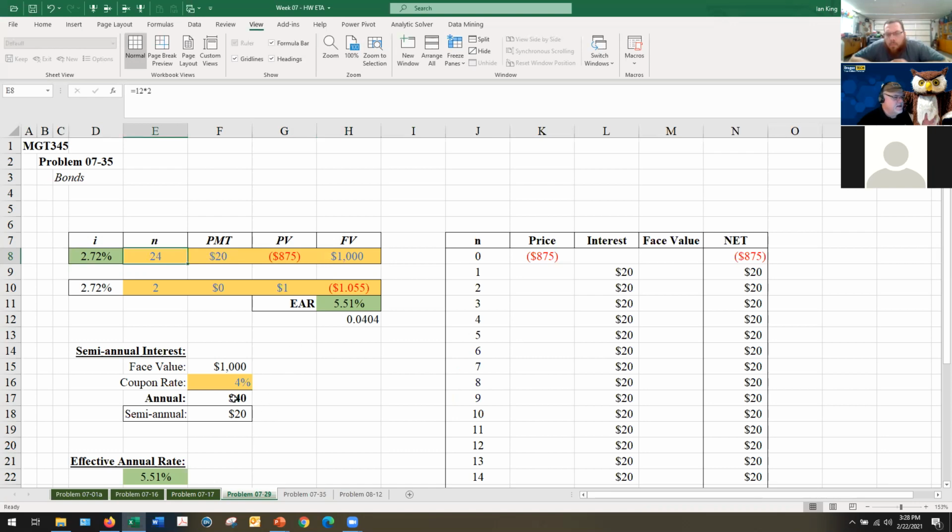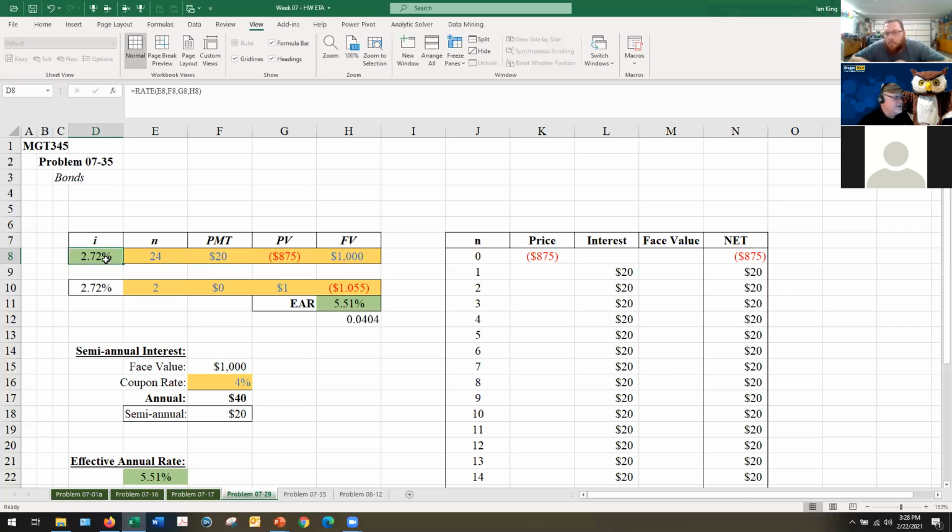You're getting 4% on $1,000 annually, which means $20 every 6 months. So your payment is $20 over 24 periods. You paid $875 for it, and at the end of that time, you get $1,000 back, and that gives you your 2.72 using the rate function.